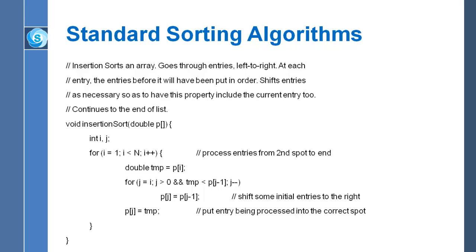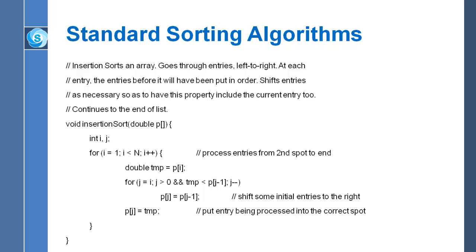Okay? The more interesting part is the second part, which says that this loop should continue if temp is less than P[j-1]. Okay? So why don't we just start this and see what happens.